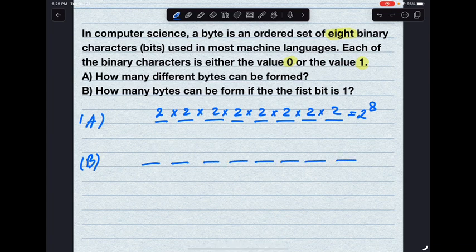For the first one, the first bit is 1, so there's just one option here. We don't have 0 here. And for the second one, it can be either of those two. So it's just 2 times 2, and overall it's 1 times 2 to the power of 7.